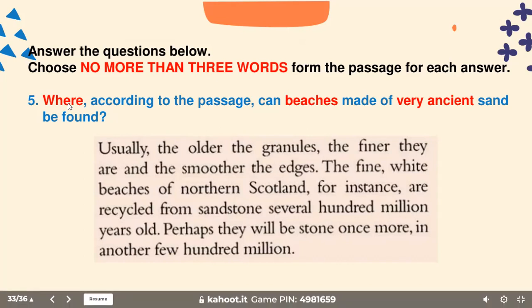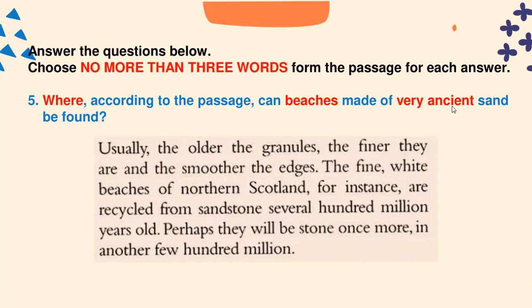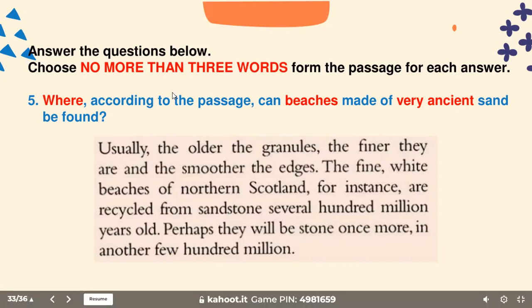Look, where? Now, this is not important according to the passage. Can beaches made of very ancient sand be found? Do you know the word ancient? Yes, old, very old, extremely old. So where can beaches made of very ancient sand be found? Here we are looking for a place, and there are some characteristics.